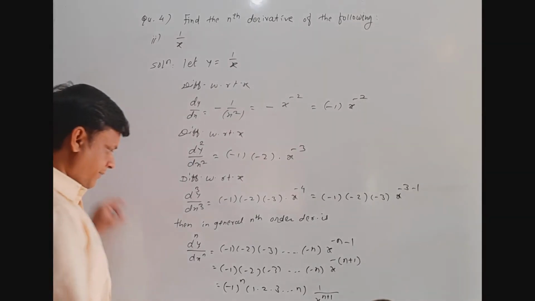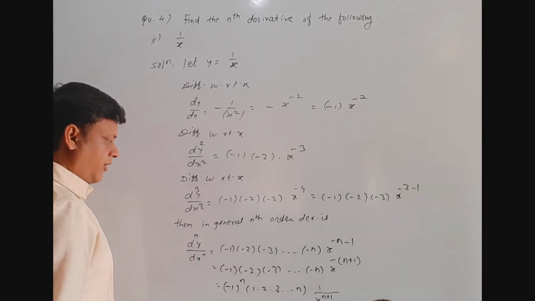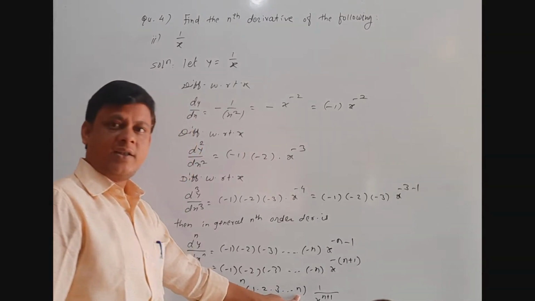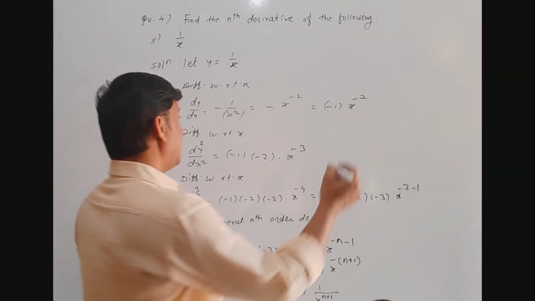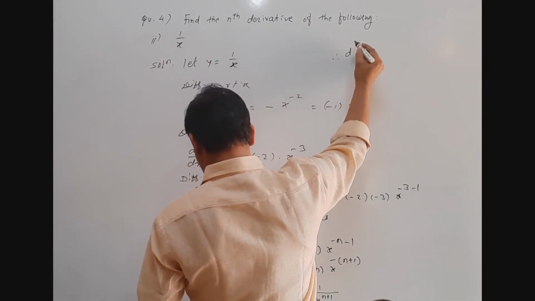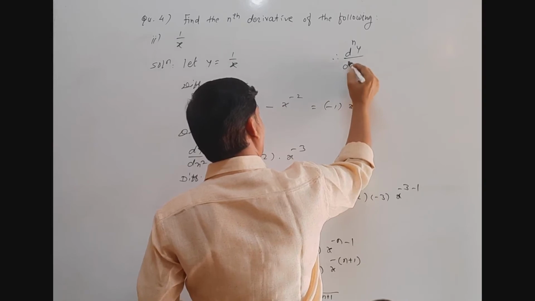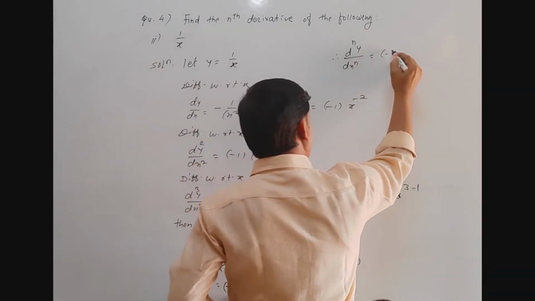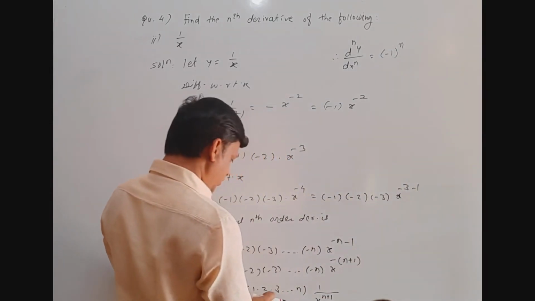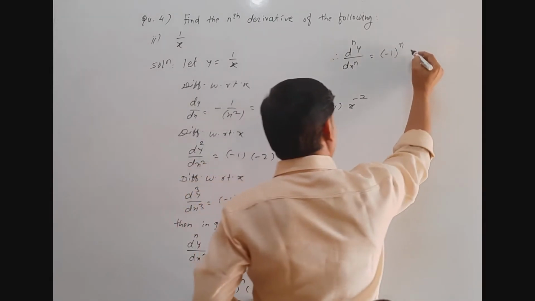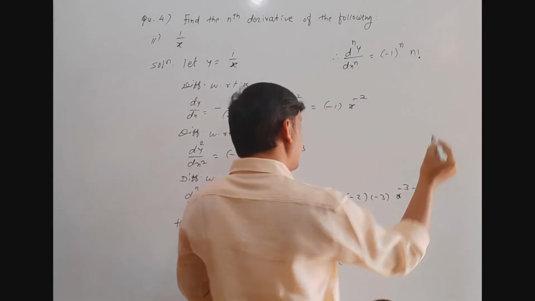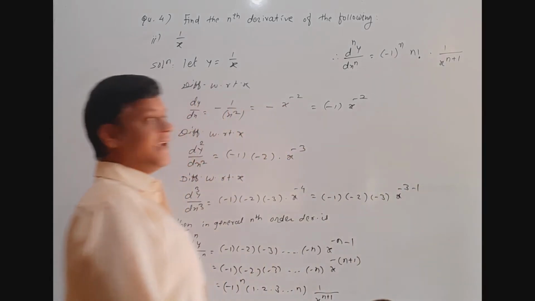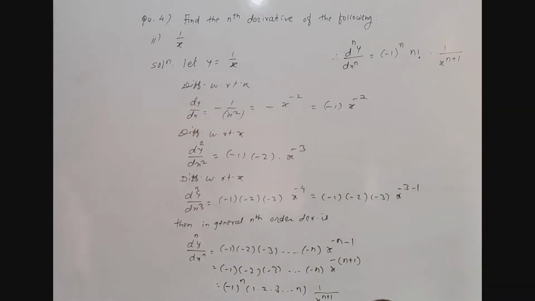So we write this minus 1 raised to the power n as it is, and this 1 into 2 into 3 and so on up to n, we write as n factorial. Therefore d^n y by dx^n is equal to minus 1 raised to the power n into n factorial into 1 upon x raised to the power n plus 1, as the nth derivative of 1 by x.